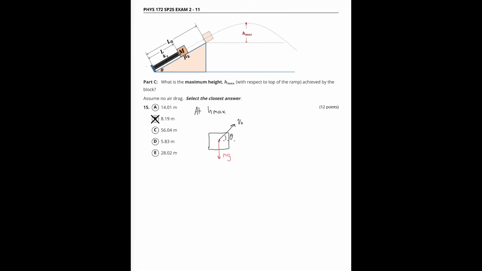So we can get our x and y components from that to solve previous parts of this problem. And now we gotta identify our new system and surroundings from this. So our system is our block, and our surrounding is the earth.